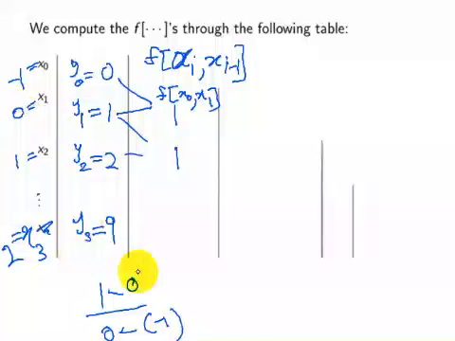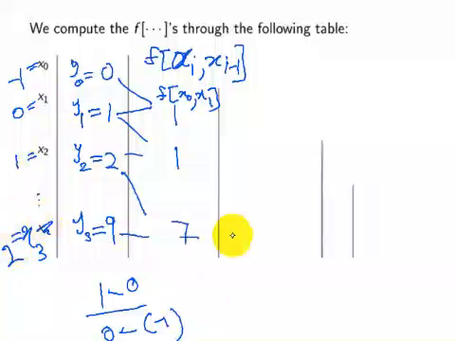Let's fill up this value here. Now we move to the next neighboring points. The difference between y coordinates divided by the difference between x coordinates: 9 take away 2 is equal to 7, and 7 divided by 2 take away 1 is 7. This value is 7.